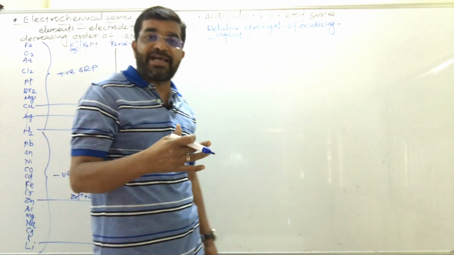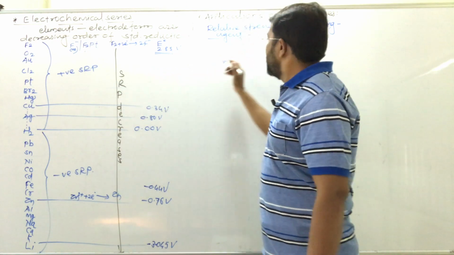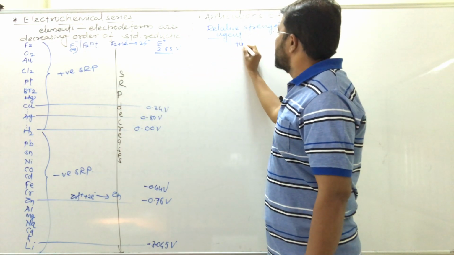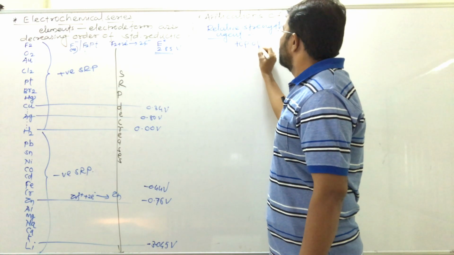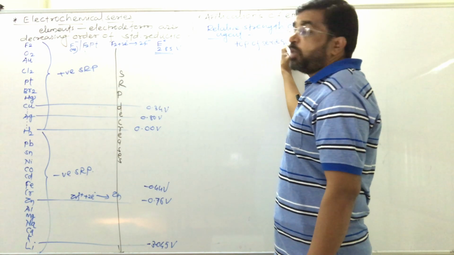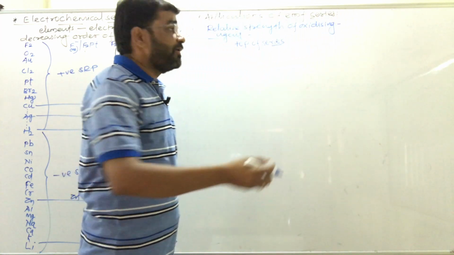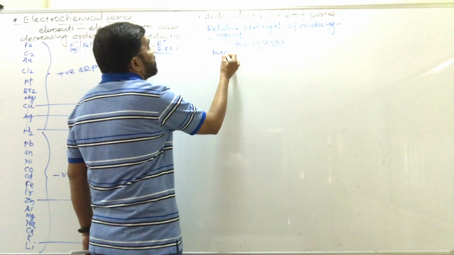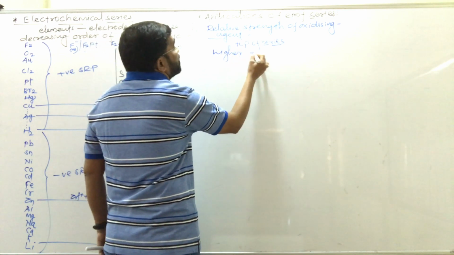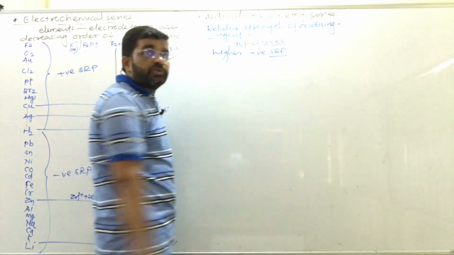So how is it decided? In this series, the elements which are placed at the top of the series have the highest positive standard reduction potential.